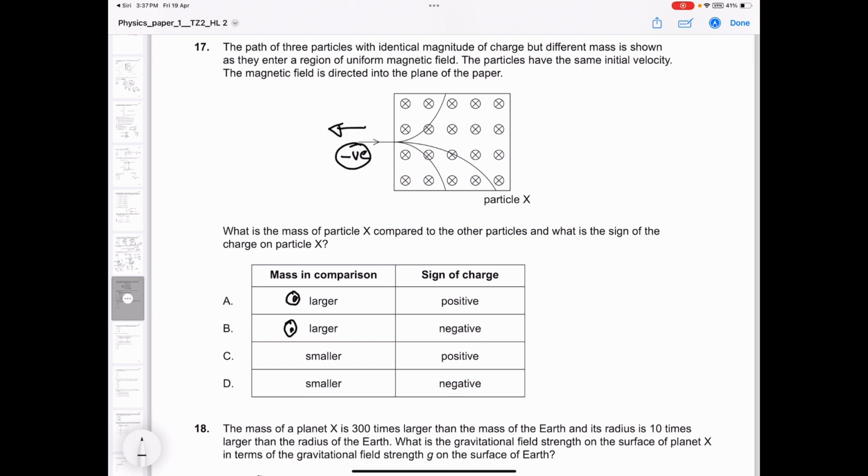So using Fleming's left-hand rule, the second finger is the current, which must go in the opposite direction here. The magnetic field is going into the page, therefore the force is going downwards, therefore the sign of the charge must be negative. So the answer is B.